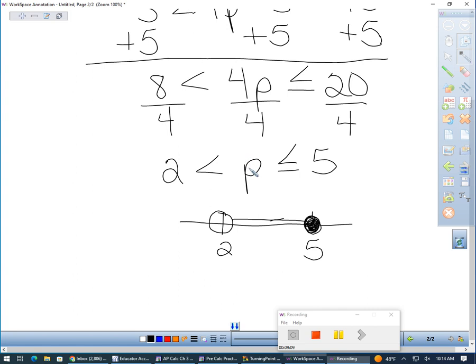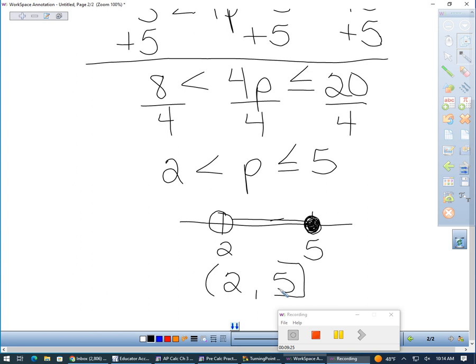So again, your p is sandwiched between 2 and 5, just like it is here. I have an open dot, which would be a parenthesis at 2, and it goes all the way to 5 with a bracket. A couple things I want to point out.